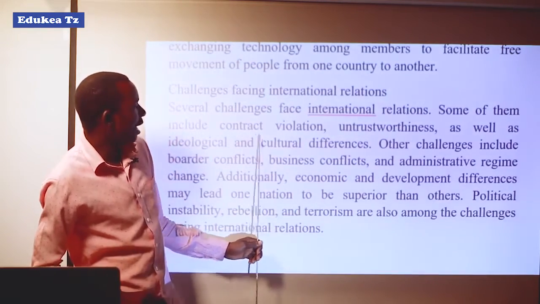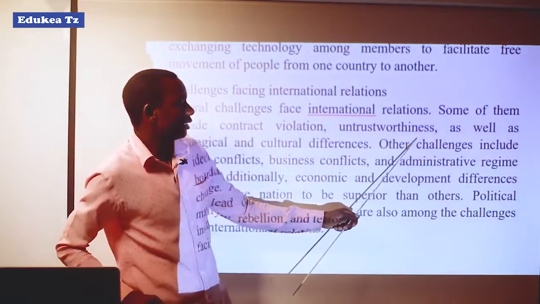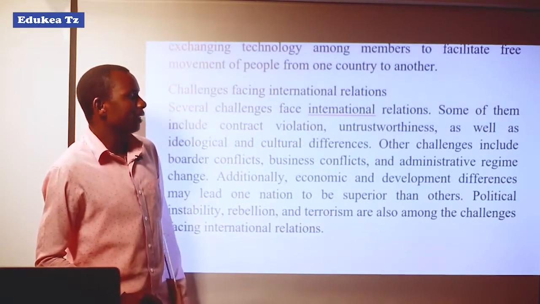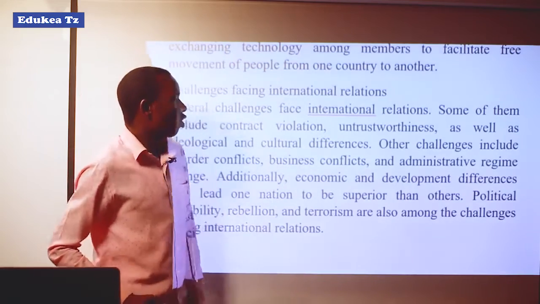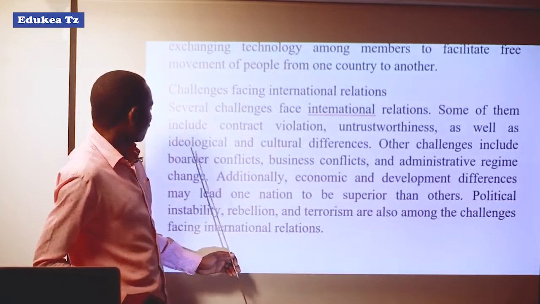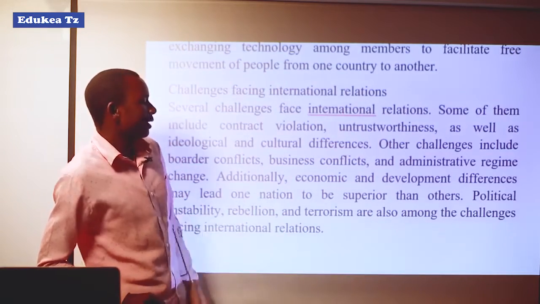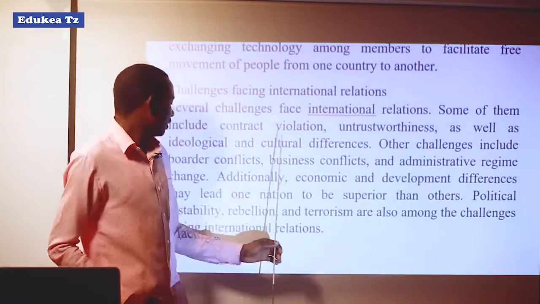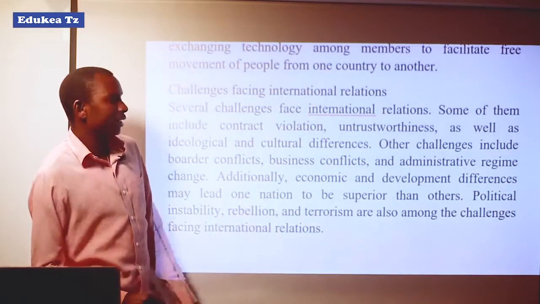You may also see a violation of trust. Some members of these relations or cooperations are not trustworthy. Also ideological difference, as I said, and cultural difference. Other challenges include border conflict.